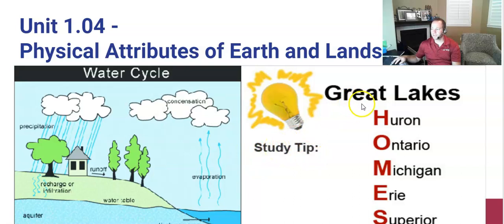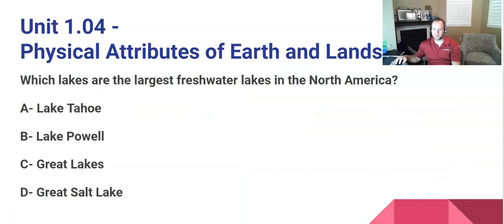Some of the biggest lakes in the world are actually the Great Lakes, and we'll be discussing how that affects things in northern North America when we get to that unit. So which lakes are the largest freshwater lakes in North America?